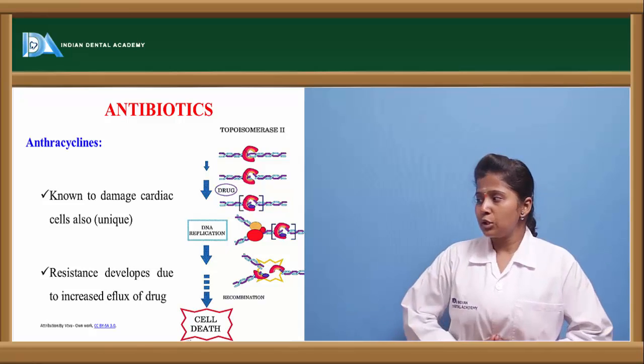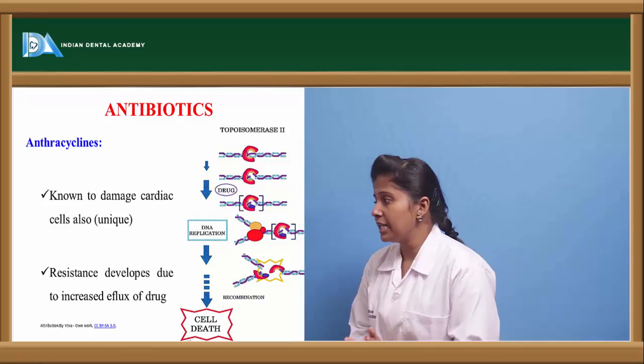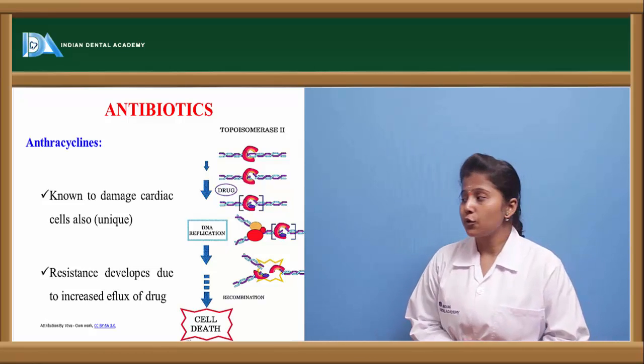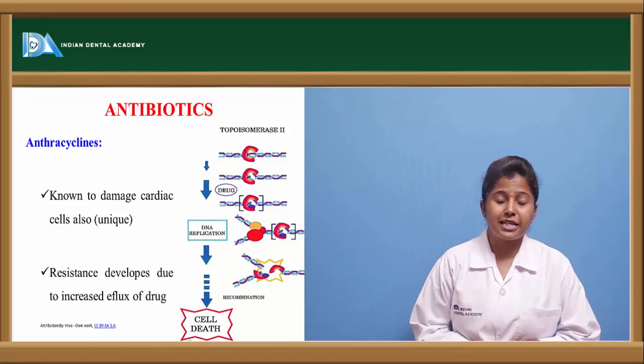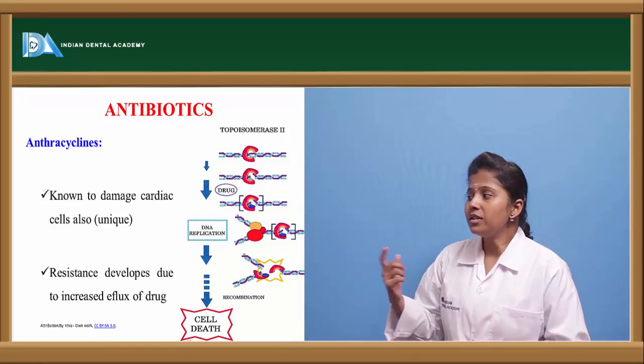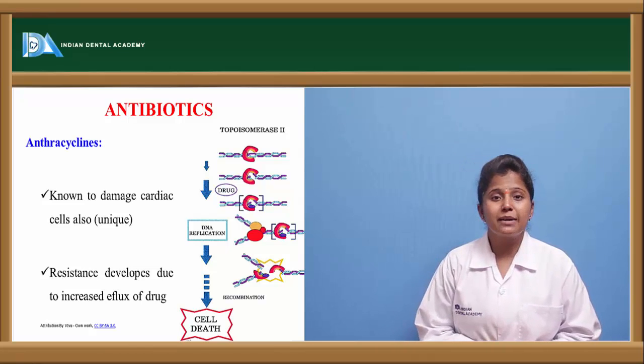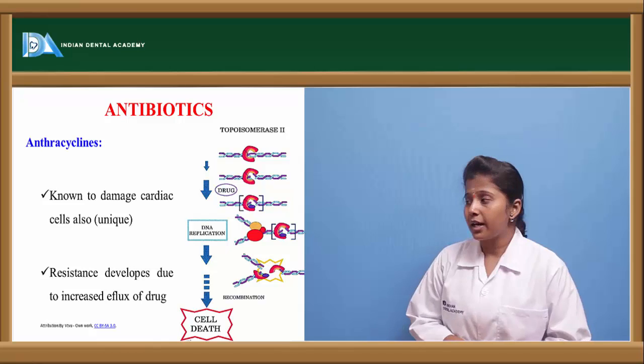Topoisomerase 2 is one of the enzymes which helps in DNA replication. There are two types of topoisomerase enzymes, topoisomerase 1 as well as topoisomerase 2. These antibiotics inhibit the enzyme topoisomerase 2, thereby preventing DNA replication.